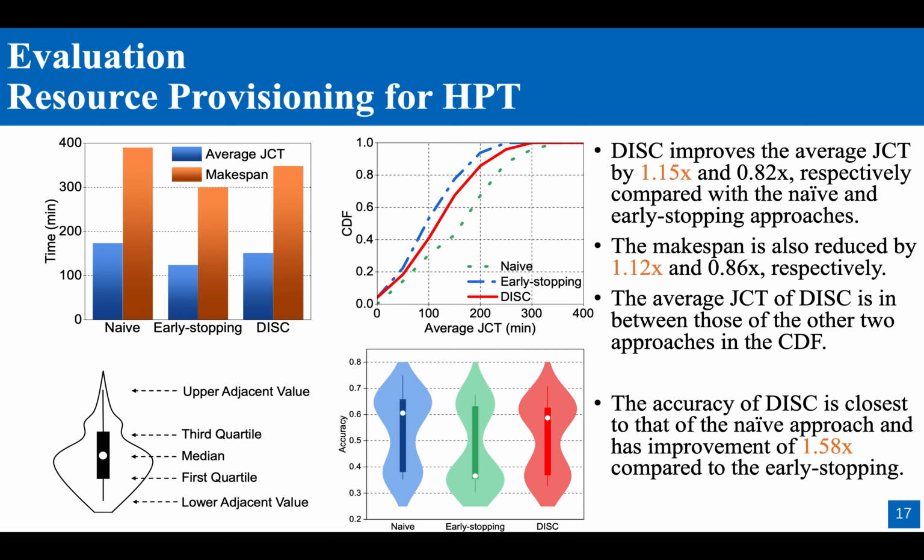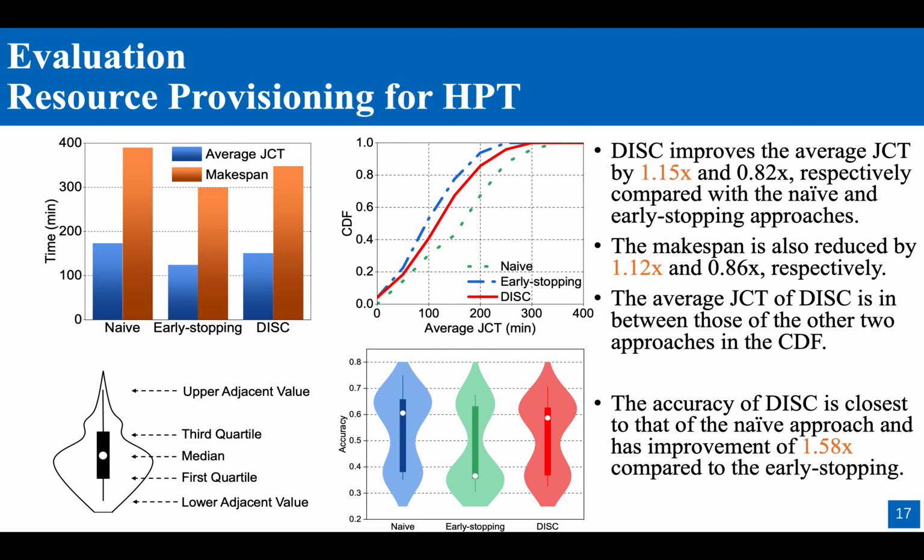In the evaluation of resource provisioning, DISK can improve the average JCT by 1.15 and 0.82 respectively compared with the naive and earlier stopping approaches in the top left figure. The max span is also reduced by 1.12 and 0.86 respectively.